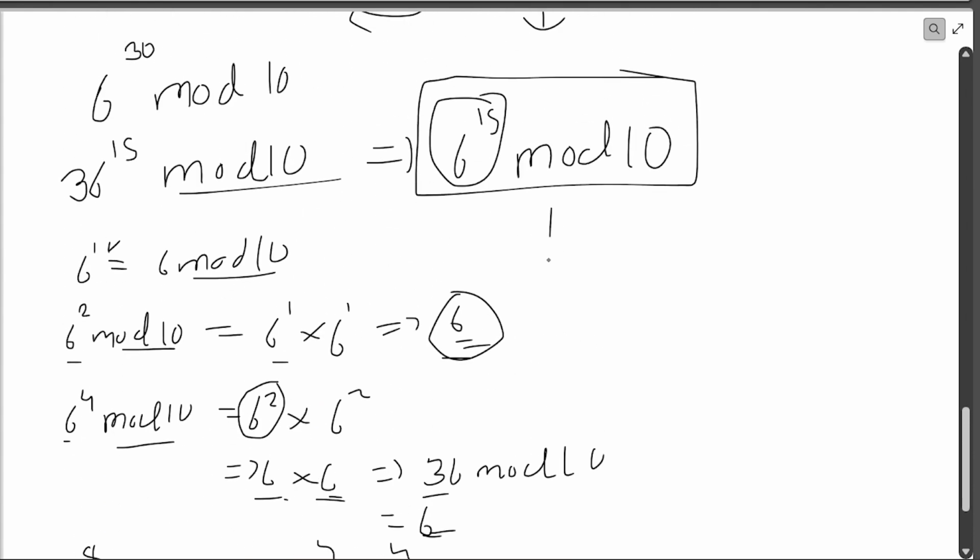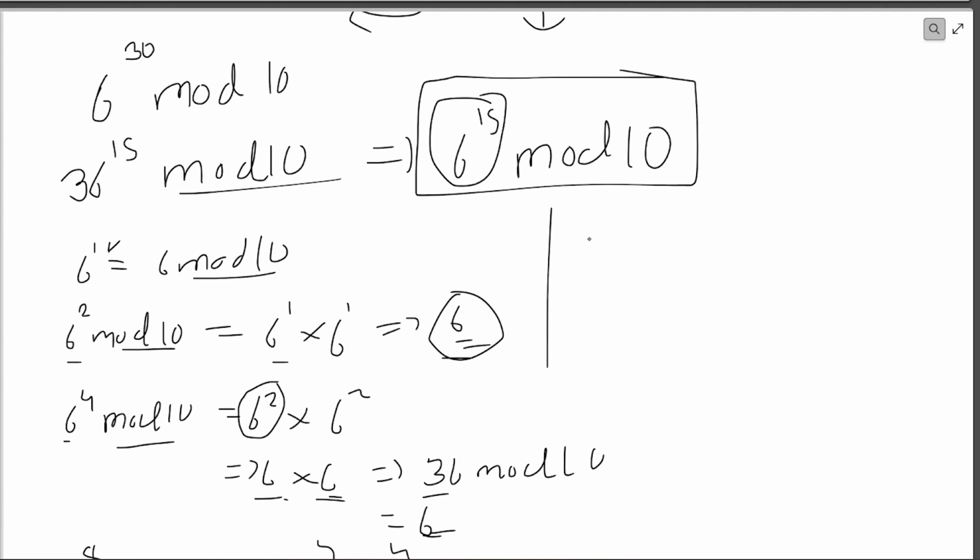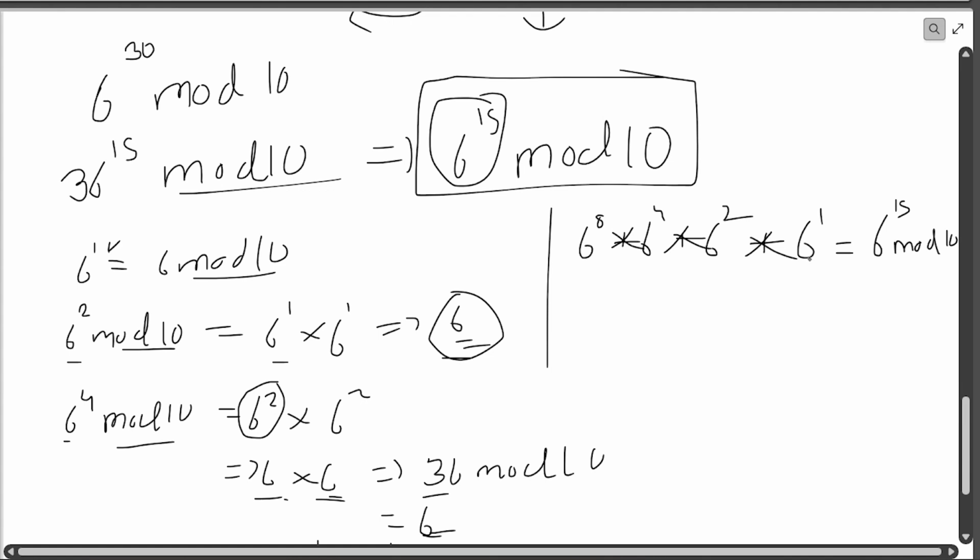But anyway, just for the sake of example, now to find 6 raised to 15, you could just take 6 raised to 8 times 6 raised to 4, which gives you 6 raised to 12, times 6 raised to 2, which gives you 6 raised to 14, times, sorry, not plus, but multiplication, 6 raised to 1. So this would give you 6 raised to 15, and we take mod 10 everywhere. Mod 10 is over here as well.